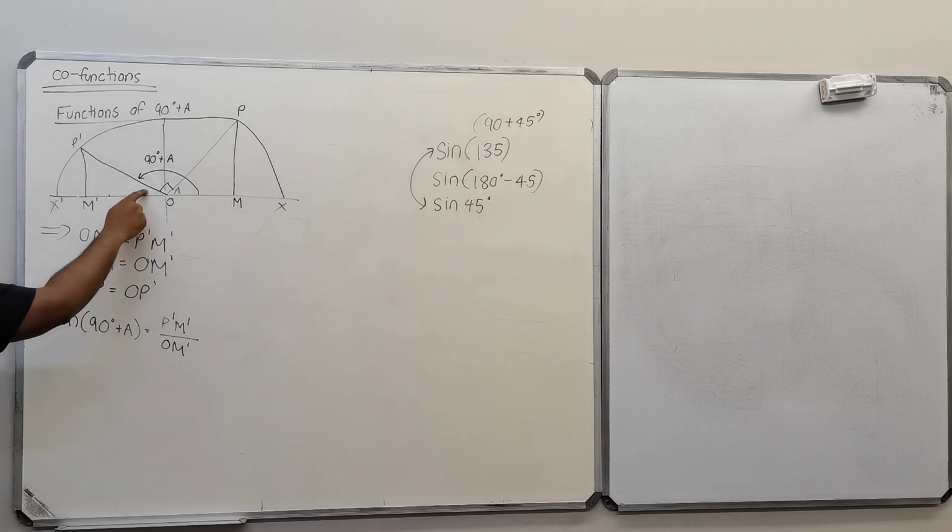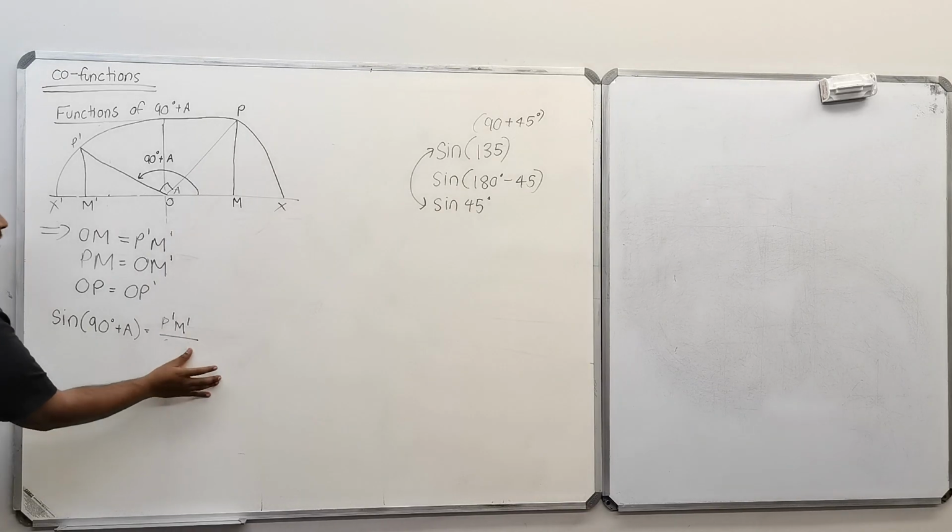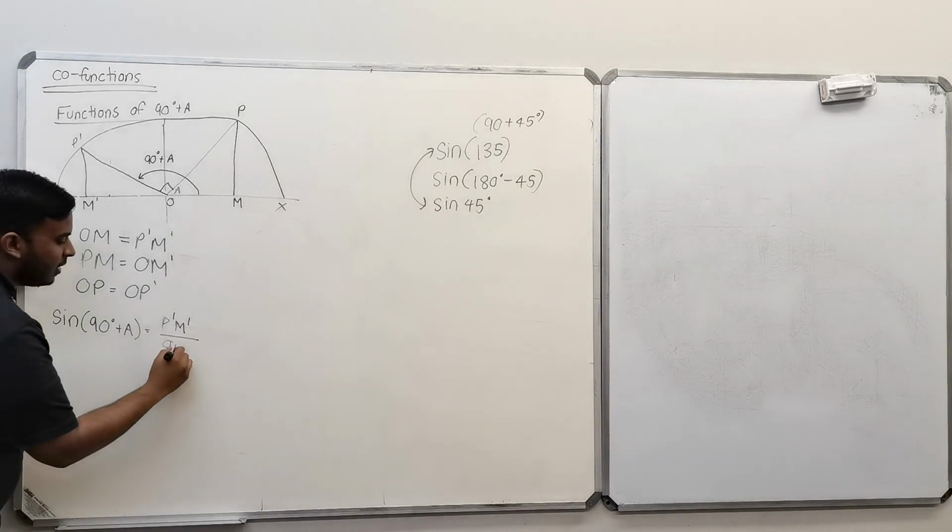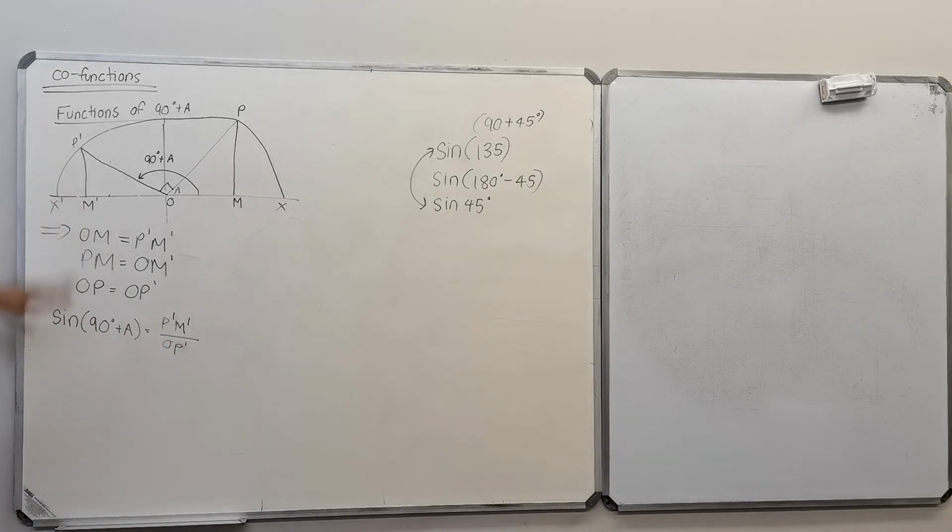So if the angle was here, opposite over hypotenuse, it would have been P prime M prime over OP prime. Guys, does everybody understand what I did here?